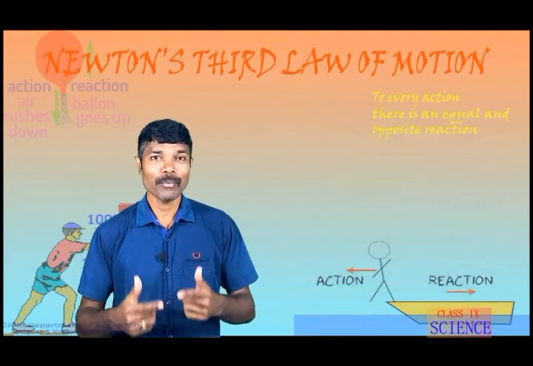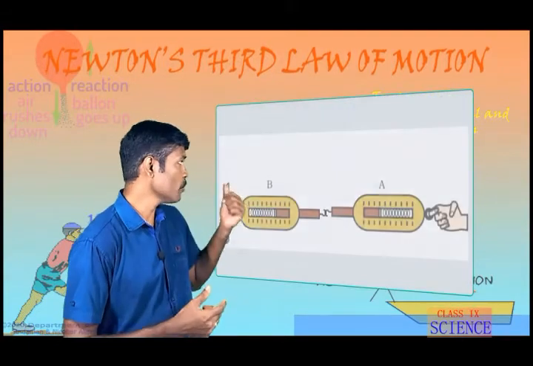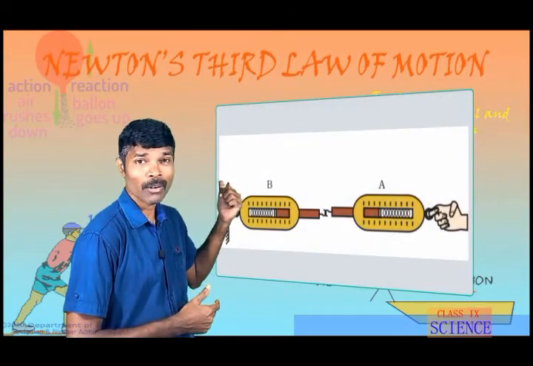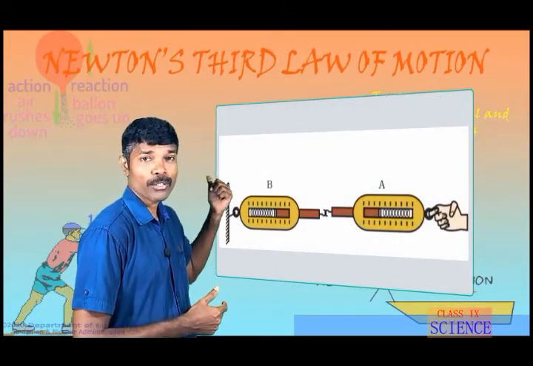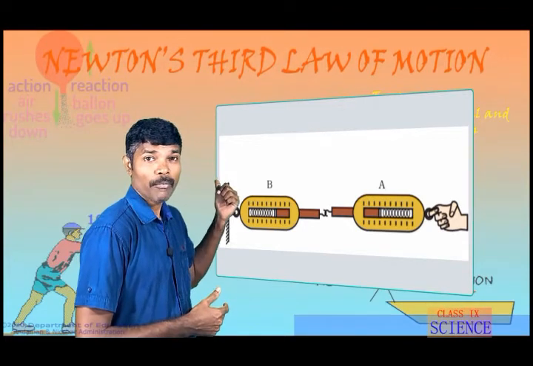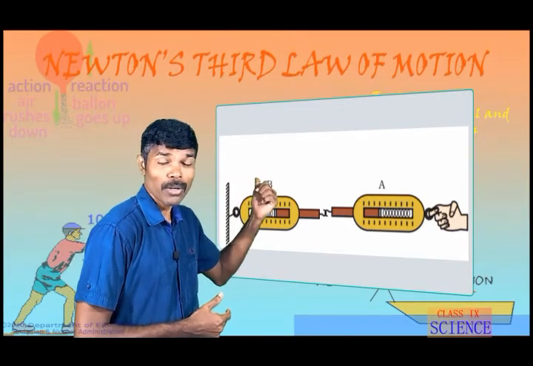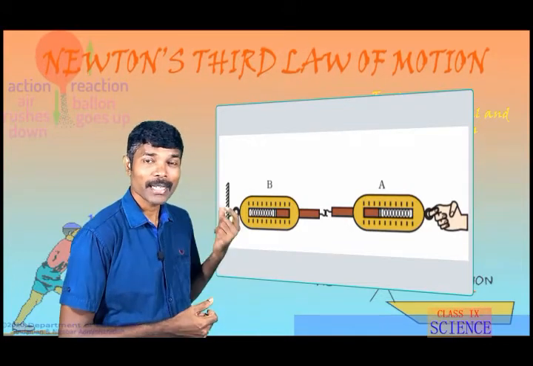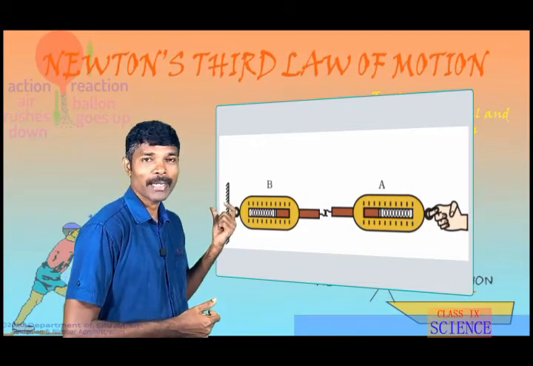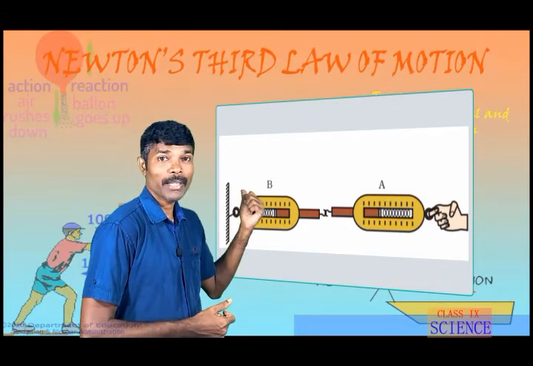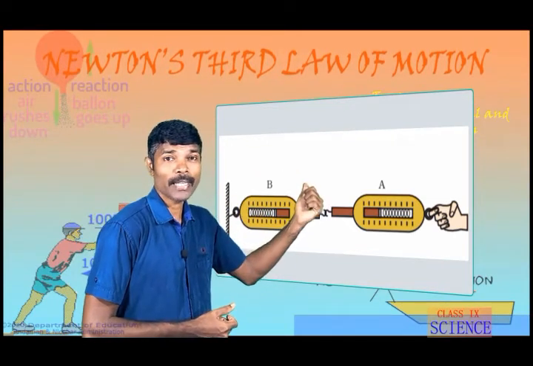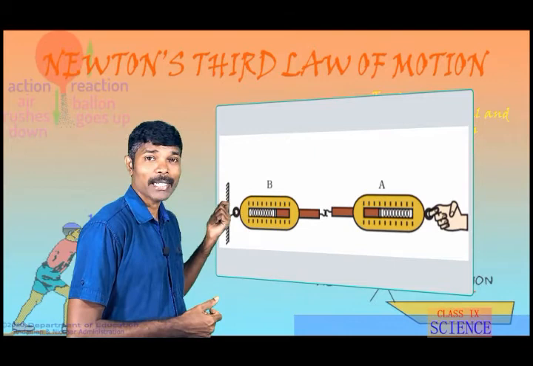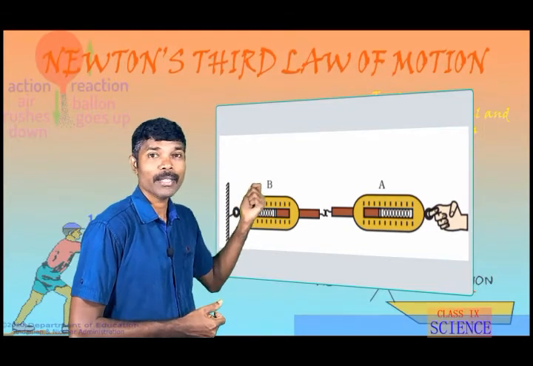Let us understand more clearly with another example. Here you see two spring balances. One end of the spring balance is attached to a solid support. When you pull the other end of the spring balance, you will see the reading in both the balances is equal. When the first balance is pulled on that side, the second balance exerts an equal amount of force on that balance.